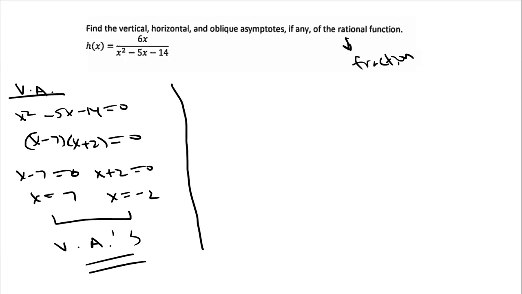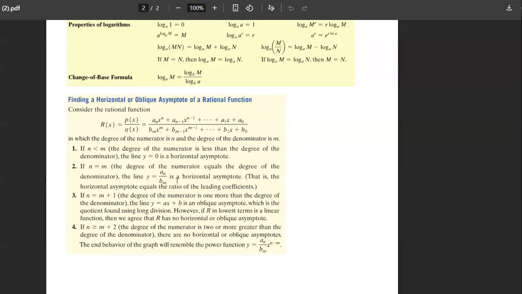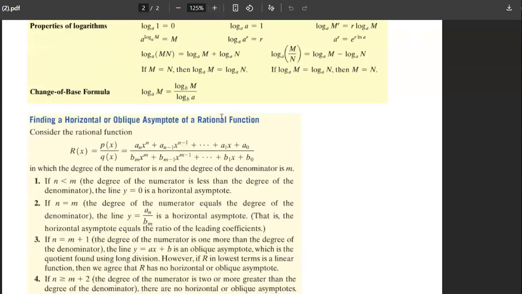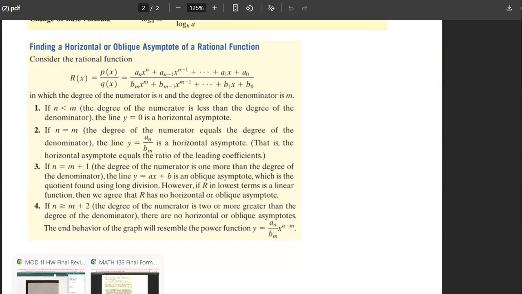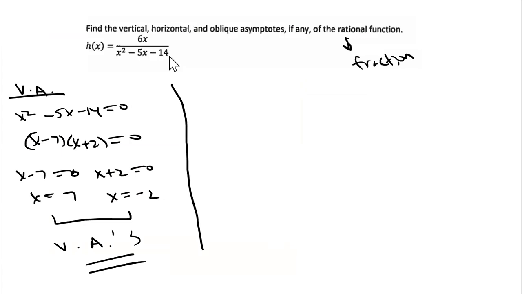All right, so now we need to find our horizontal or oblique asymptotes, again, if we have any. In order to find those, we need to use the chart in our formula sheet. It tells us we need to focus on the power or the exponent of the leading term for the top and the bottom. So we need to identify which one we're going to be using. Let's go back to that problem.